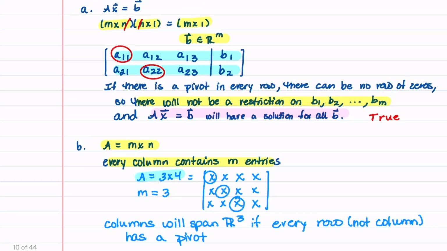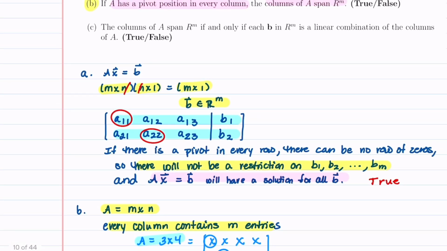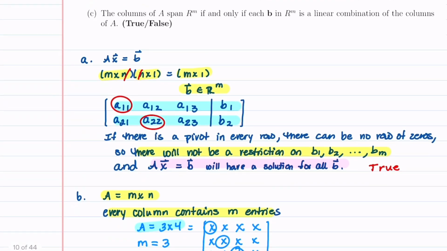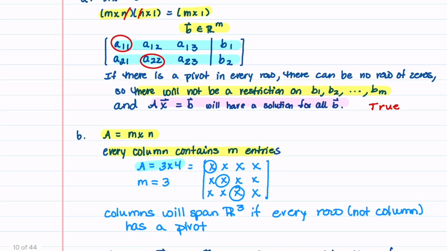And our problem, part B, says that A has a pivot position in every column. So I circled these to indicate that we have a pivot in every column. And then the question says the columns will span R3.